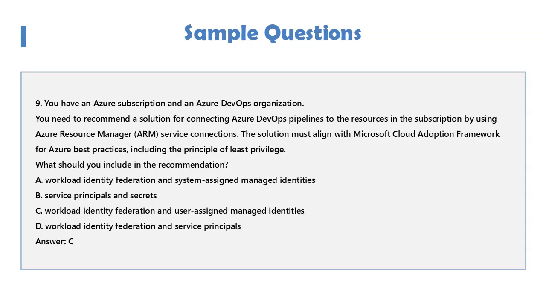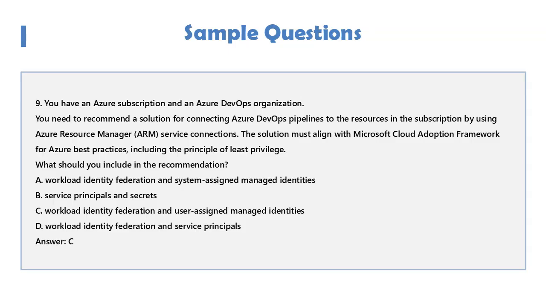9. You have an Azure subscription and an Azure DevOps organization. You need to recommend a solution for connecting Azure DevOps pipelines to the resources in the subscription by using Azure Resource Manager, ARM, service connections. The solution must align with Microsoft Cloud Adoption Framework for Azure best practices, including the principle of least privilege.